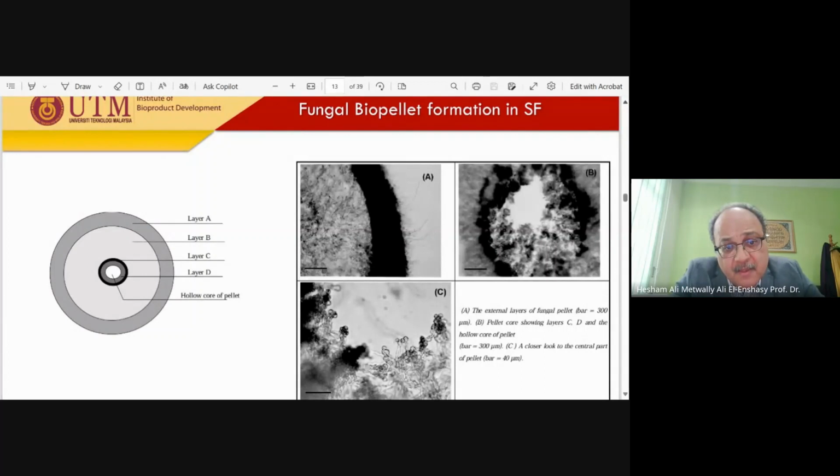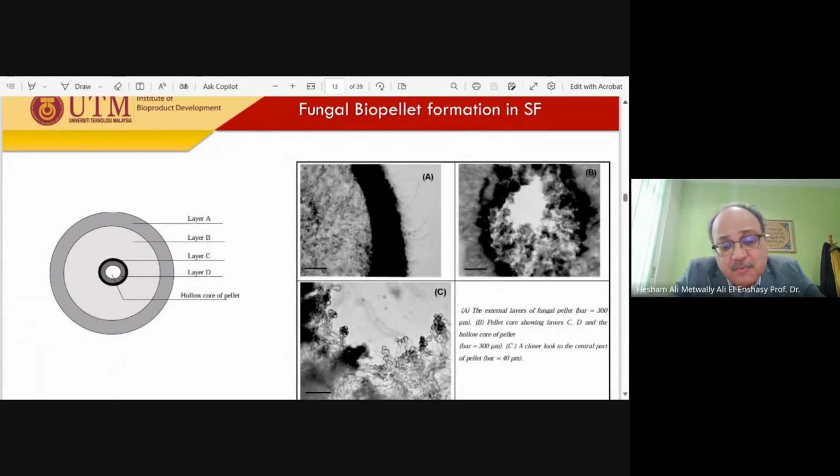Layer B is less dense because it's not exposed to oxygen. Then I have another dense layer, which is just germinating spores. And in the core of the pellet I have a layer of spores, some even non-grown spores. Why can they not grow? Because they are not exposed to oxygen.